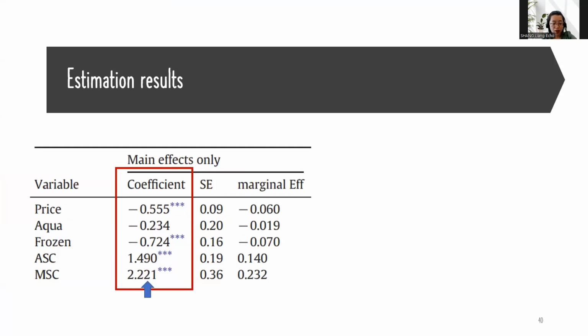So here is the results table that is nicely organized in their paper. For us, the most important information that we should pay attention to is the coefficient. Here we can look at the coefficients for different attributes, and we will look into those coefficients with significance, with very small p-values.